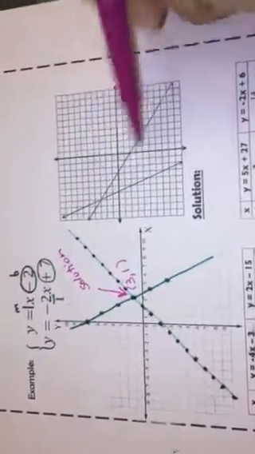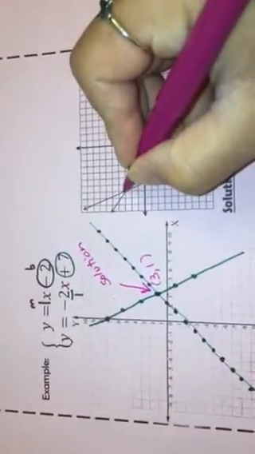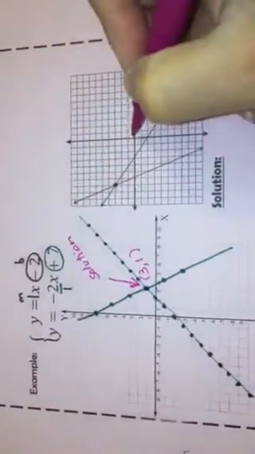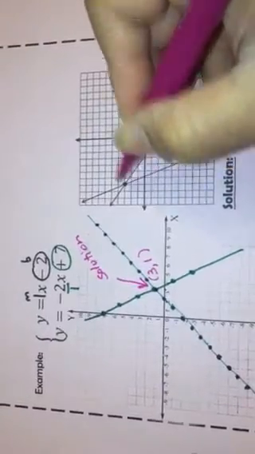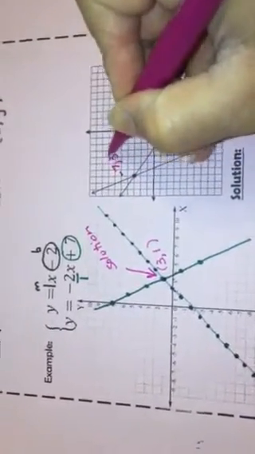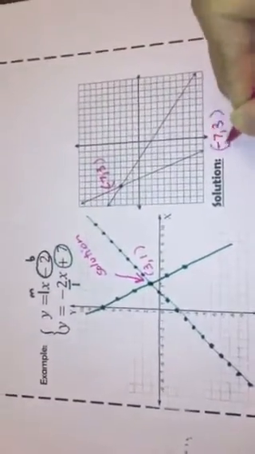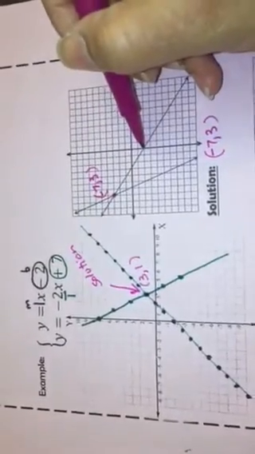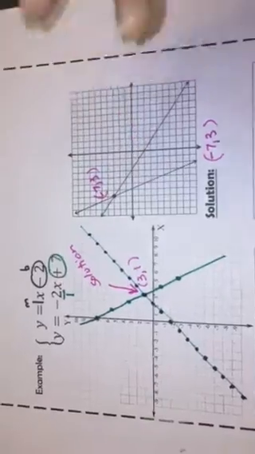Okay, so obviously this is a system because I got 2 lines graphed at the same time. They do have one solution, okay, and that solution is -7, 3. Now, what are the equations? Well, let's start by finding this one right here. I can see that this one crosses at -2.